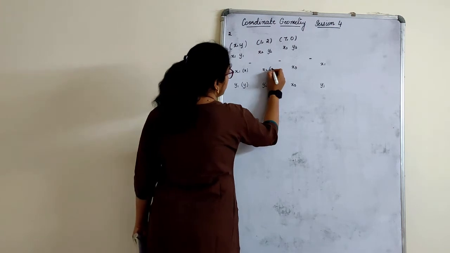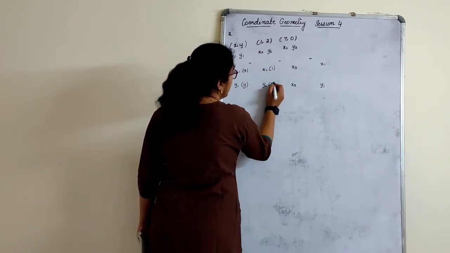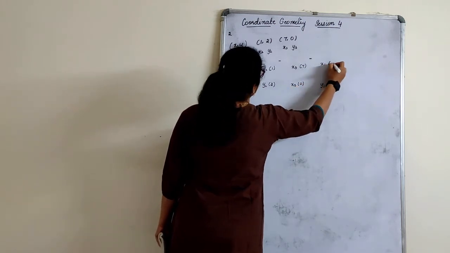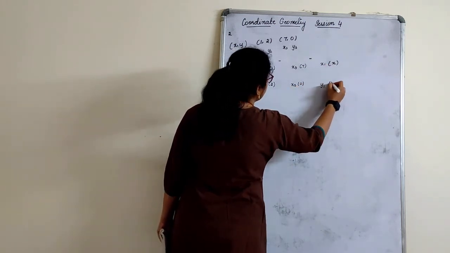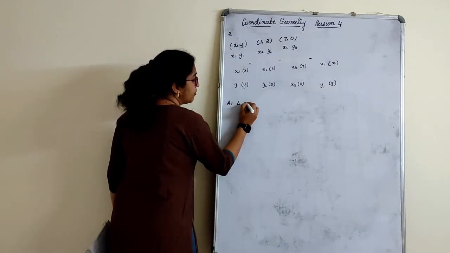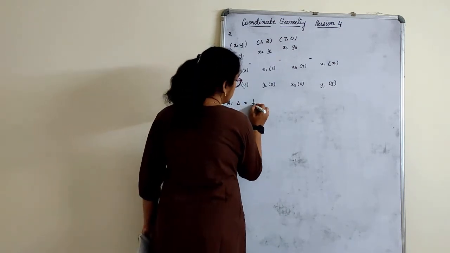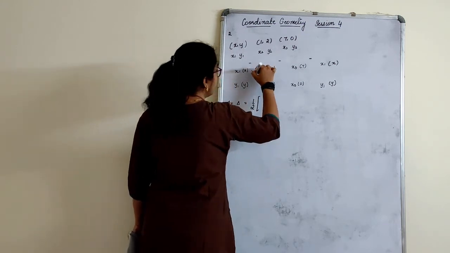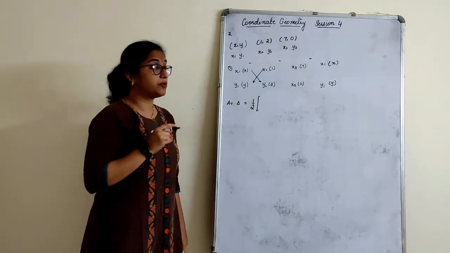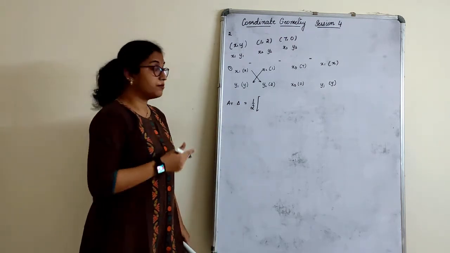Y. What is your x2? 1 and 2. 7 and 0. X and y. Area of triangle is equal to half. Okay, let's put the arrows first. So this will start from here. Always I write that because you have to read from that, not from the other way.